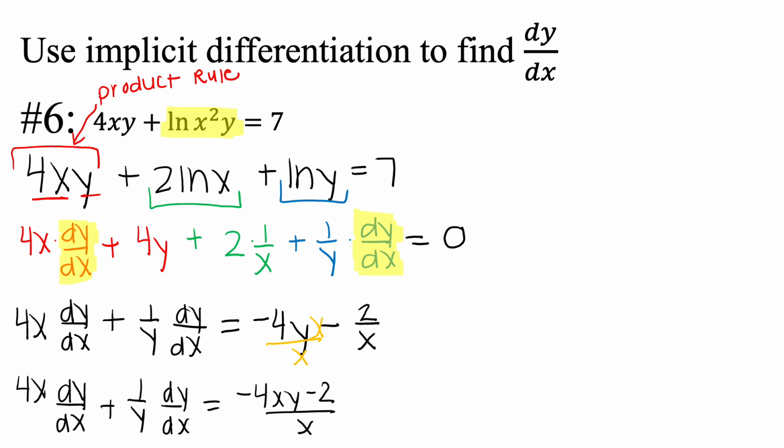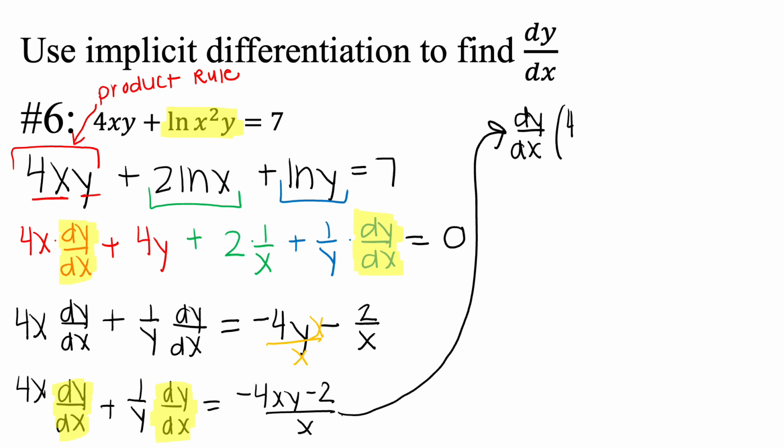Now on the left-hand side, I have 2 dy/dx terms. So remember, we can actually factor that out. So I'm going to jump up top here. On the left-hand side, pulling our dy/dx out front, we're left with 4x plus 1 over y, and that is equal to negative 4xy minus 2 over x.